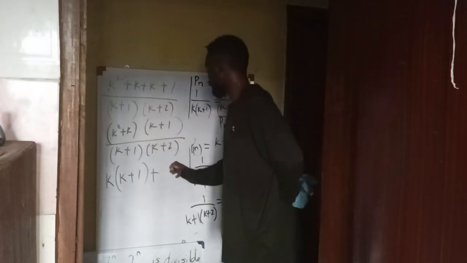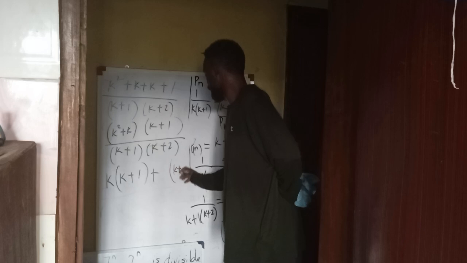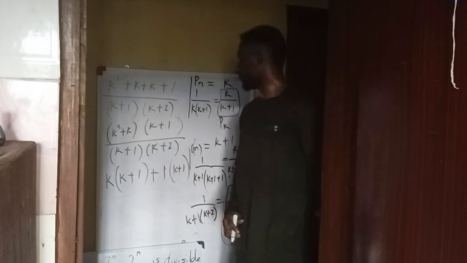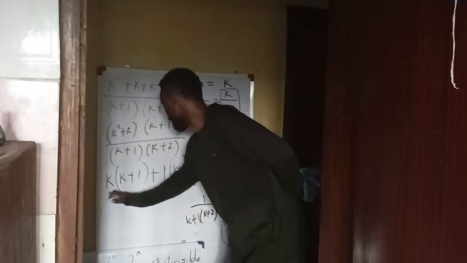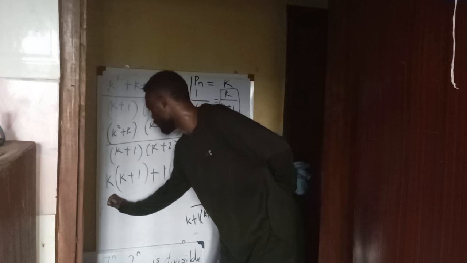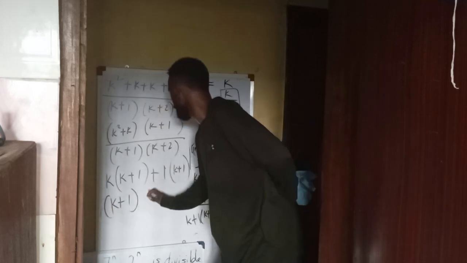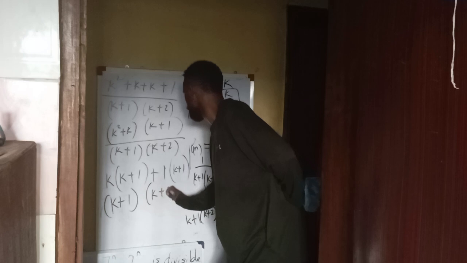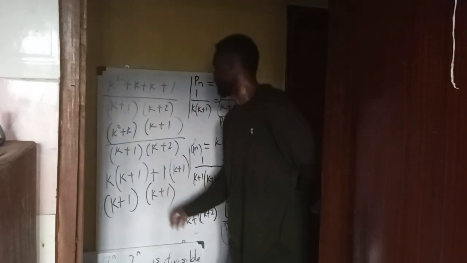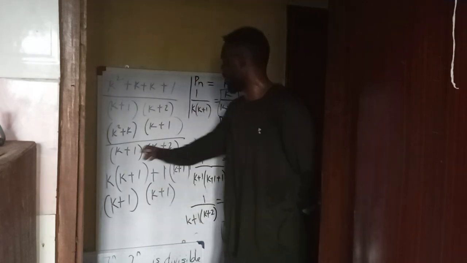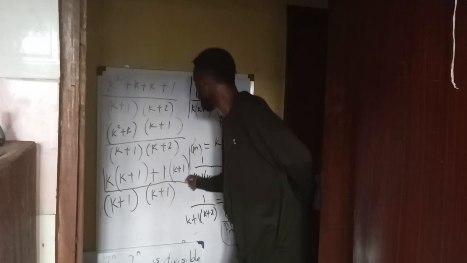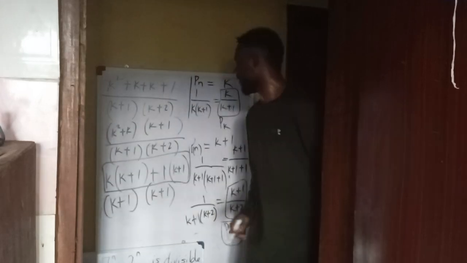Whatever you have here, that's what you have here. So I've said k plus 1. Then that means 1 should be here. So bring it together. I'll collect the outside, collect the inside one side. So k plus 1, then k plus 1. So don't forget that it's still having a numerator and a denominator. So I just factored out the numerator.